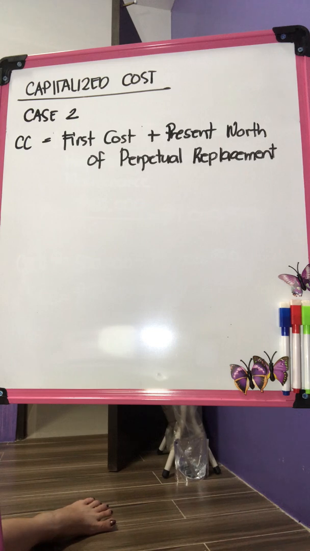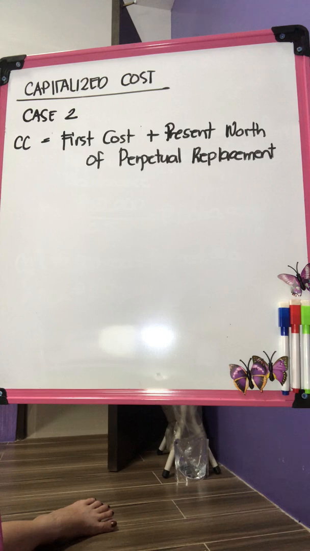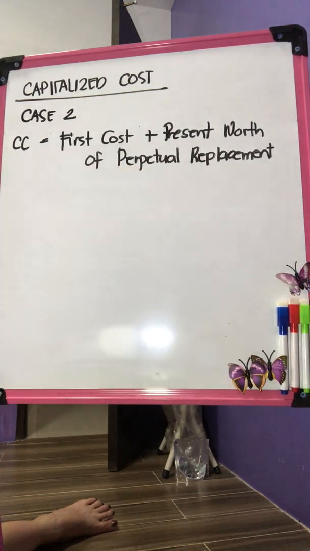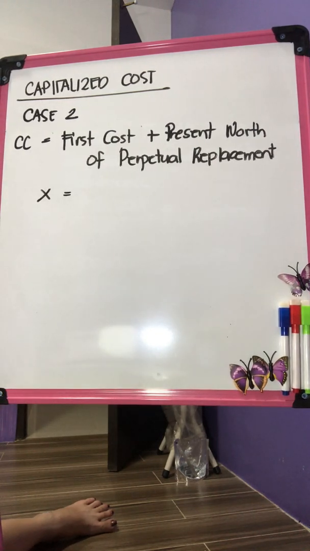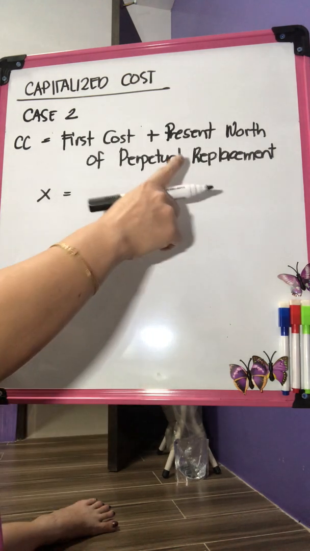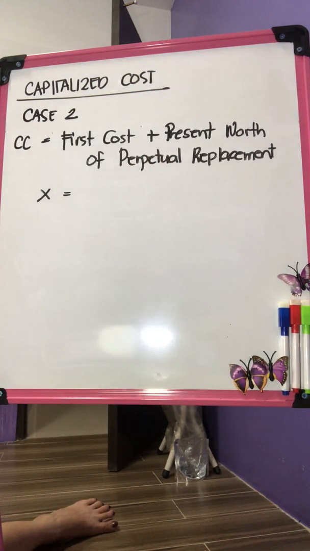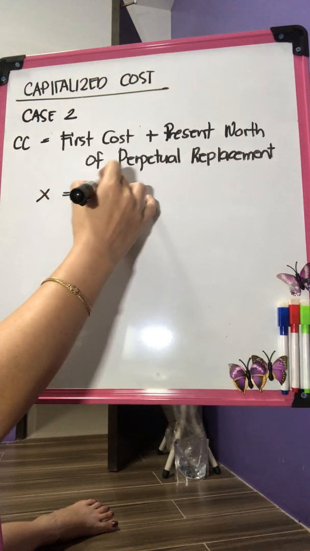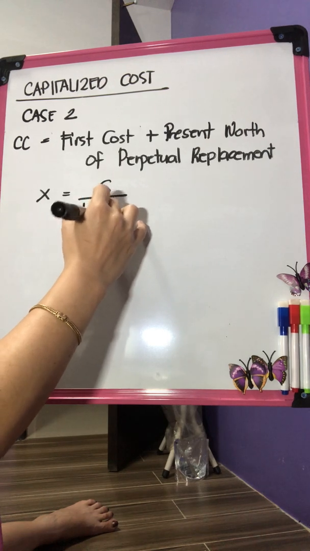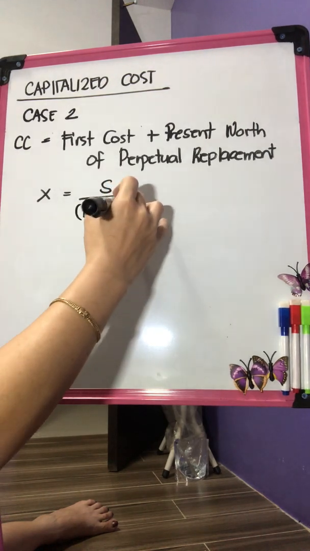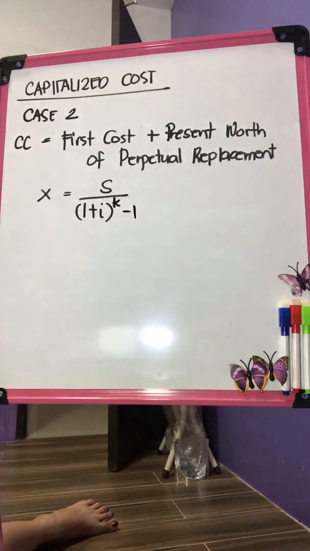So, meron tayong formula na gagamitin dyan. Para makuha natin yung present worth of perpetual replacement, gagamitin natin yung formula to get x. Let us assume na yung x is yung present worth of perpetual replacement. So, x is equal to S all over (1 plus i) raised to k minus 1.